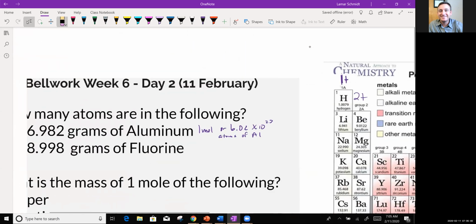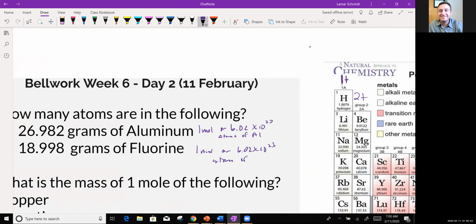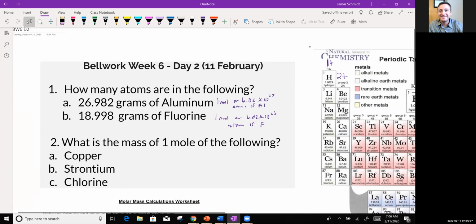So the answer is very similar to the last one, except it's going to be a fluorine atom. So 1 mole, or 6.02 times 10 to the 23rd atoms of fluorine. So this is the concept. Whatever mass you see there expressed on the periodic table represents 1 mole of atoms, or 6.02 times 10 to the 23rd atoms. It's a very simple concept, but the one that you need to know.